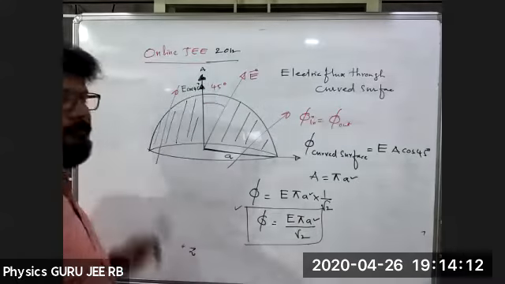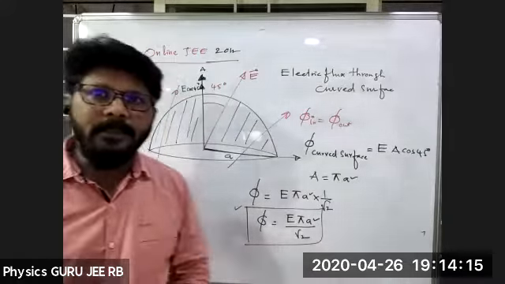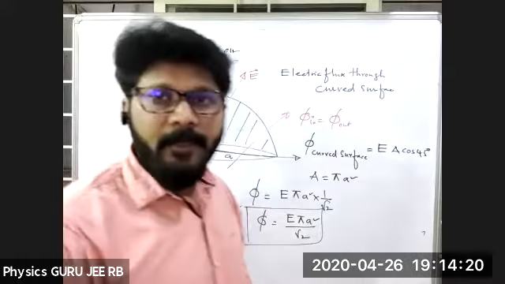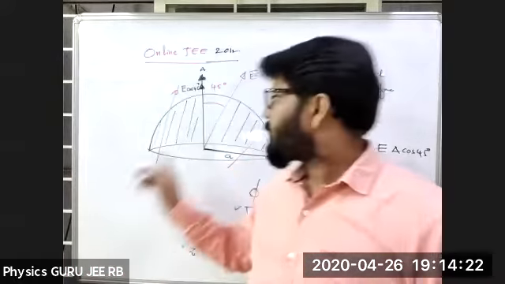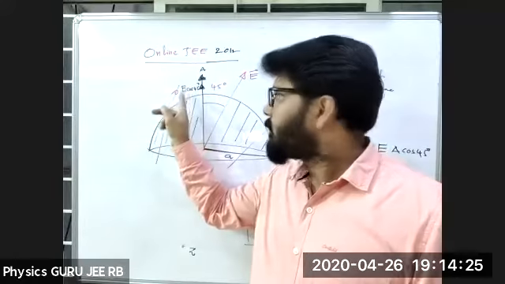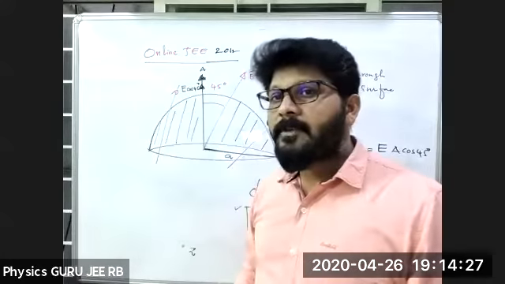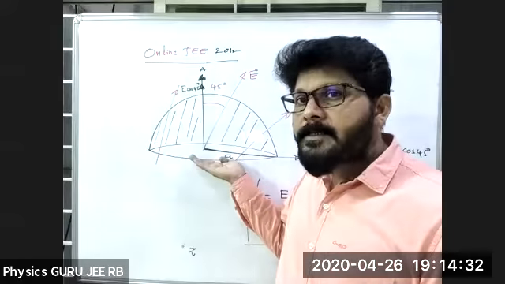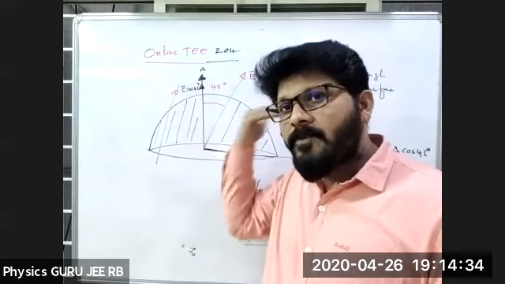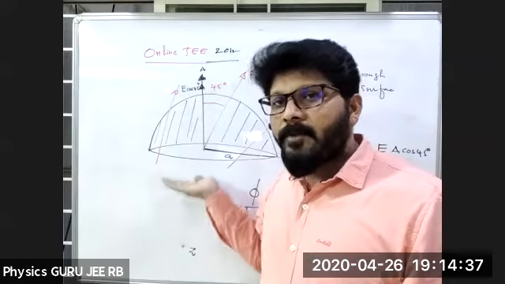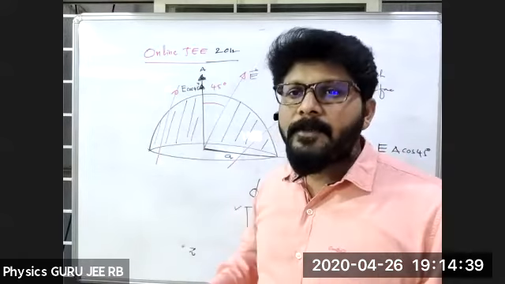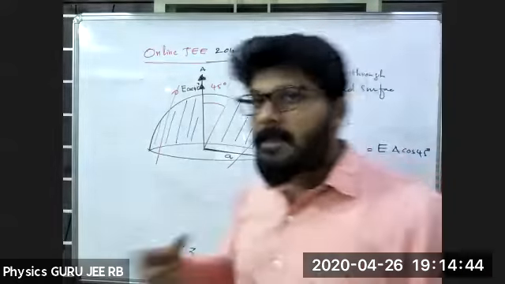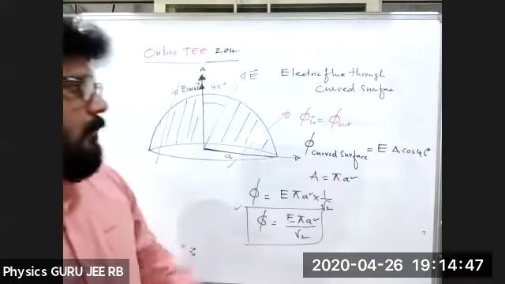Right. So what we did here, you can see, we took the component of the electric field along the direction of area vector. And second, whatever flux is entering inside, the same flux is coming outside. Entering and leaving, both will be the same. So the flux through the curved surface we calculated is EA cos theta, cos 45.